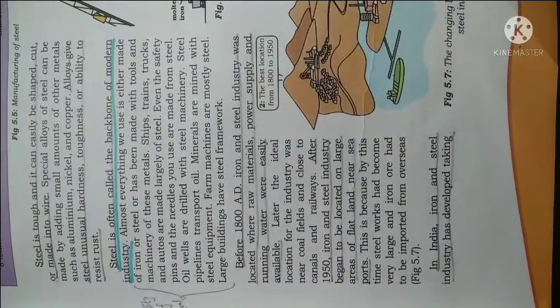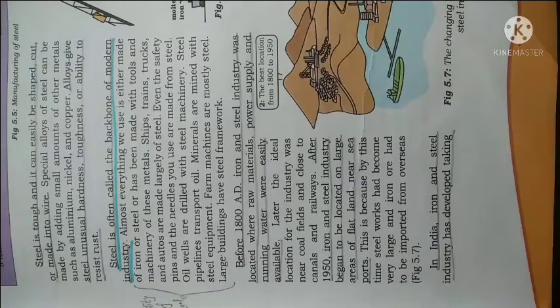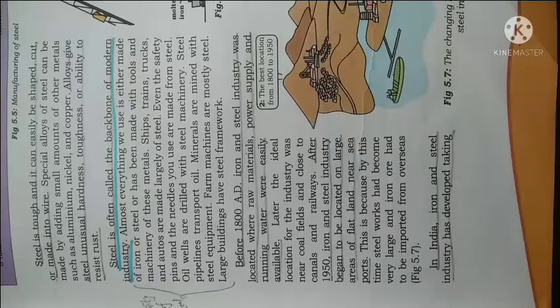Steel is called the backbone of modern industry because most common objects are made of steel. In India, the most important steel producing centers are spread over the states of West Bengal, Jharkhand, Odisha, and Chhattisgarh.